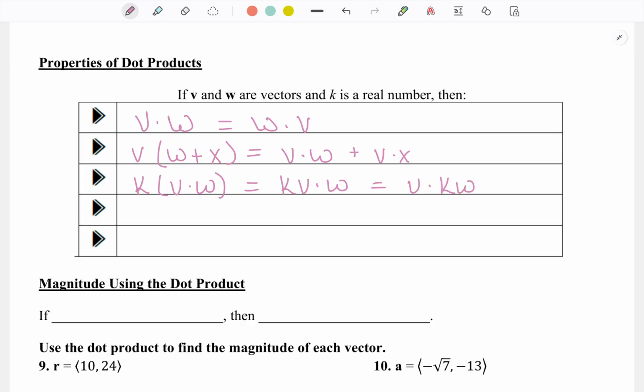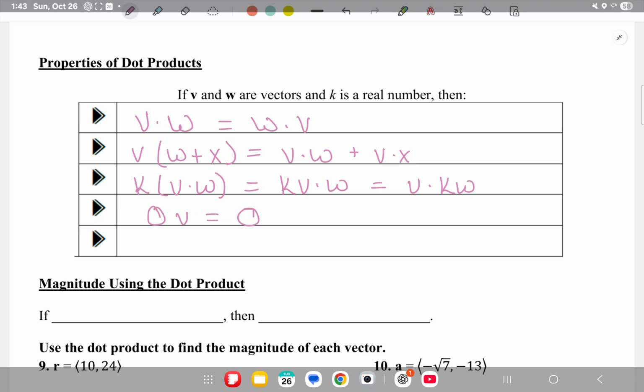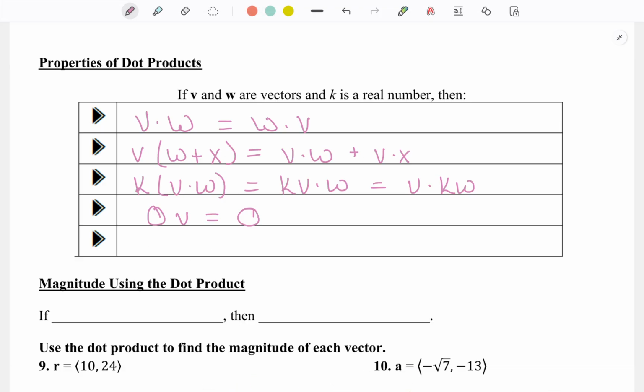It doesn't matter what order you multiply them. If you multiply a vector by 0, it will still be 0. And then V times V is going to equal the magnitude of V squared.